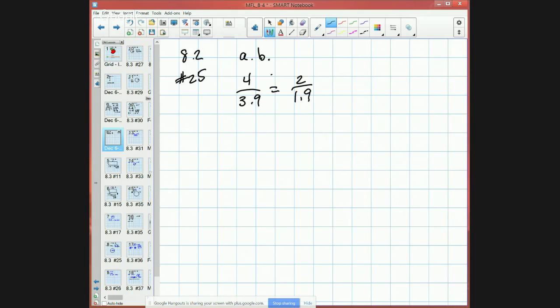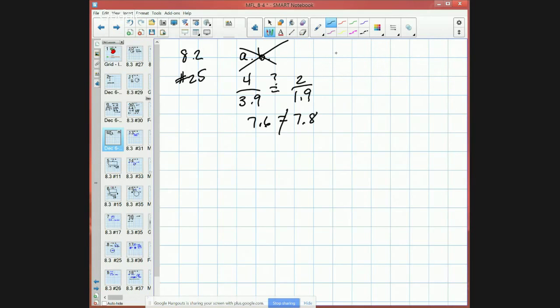Is that true? If you multiply, 2 times 3.8 would be 7.6, and if you do it the other way, you get 7.8. That tells you these two are not similar.